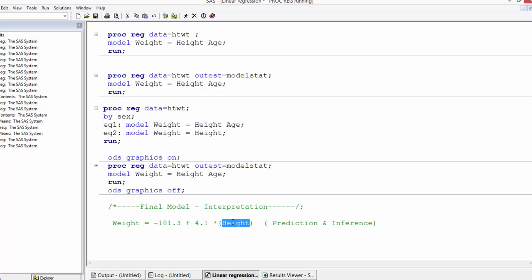Why is it in a positive way? How can we say that? Because the sign of the estimate is positive in this case. That means if the height increases, there is a high probability that the weight will also increase. So that is a positive relation, or positive correlation, to say.